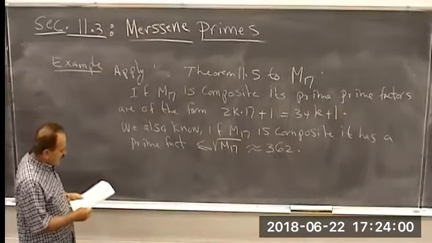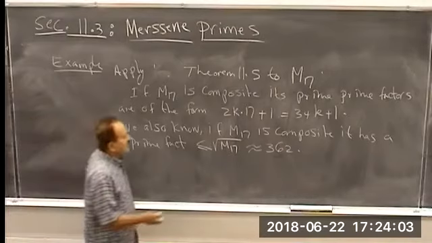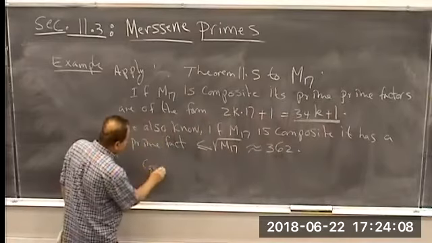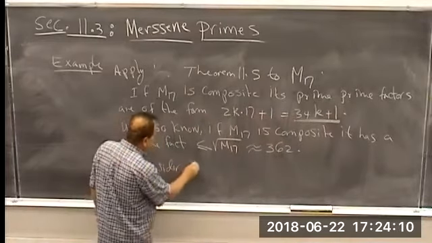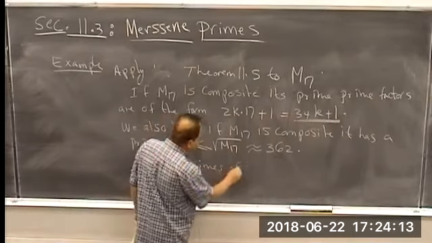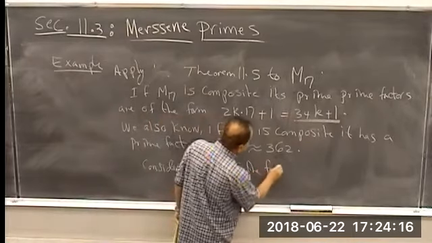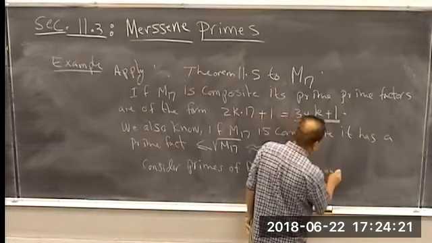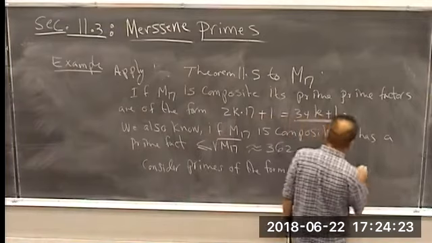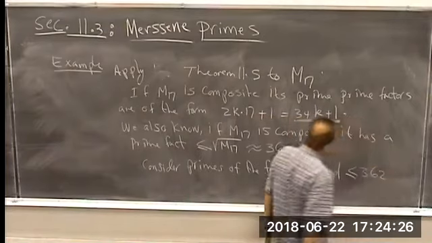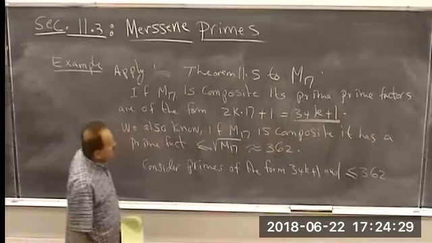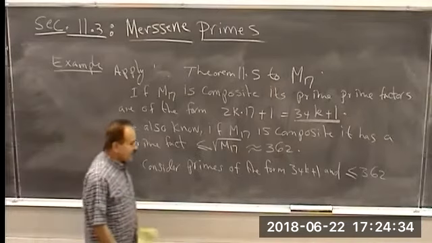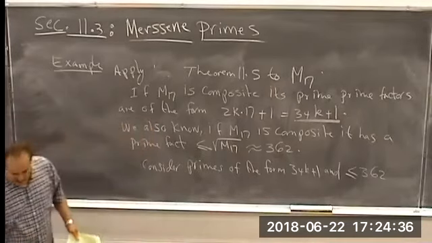So the idea here is to consider primes of the form 34K plus 1 and less than or equal to 360. It cannot be equal, that's even, but at least less than. All right?